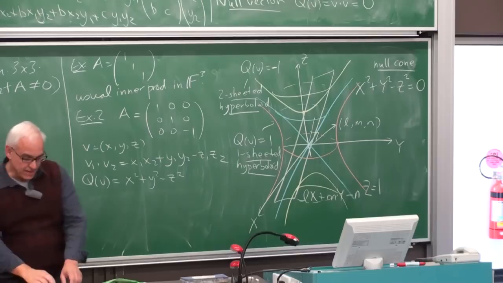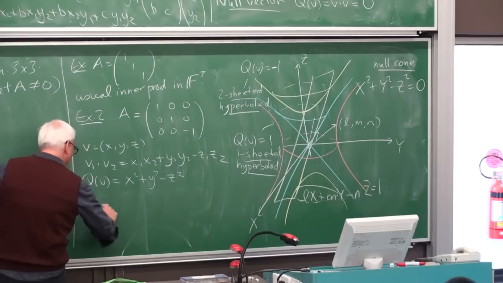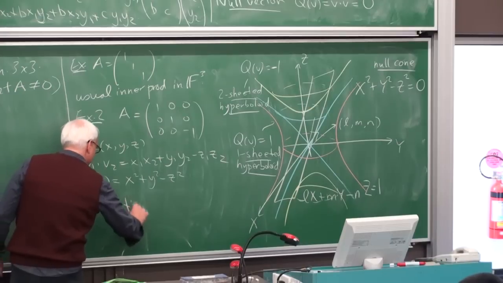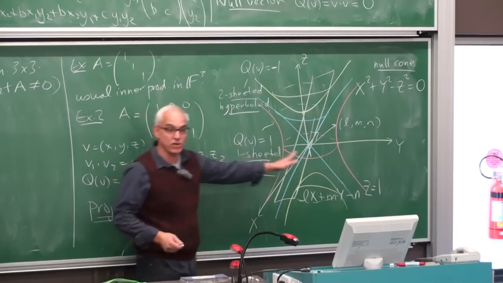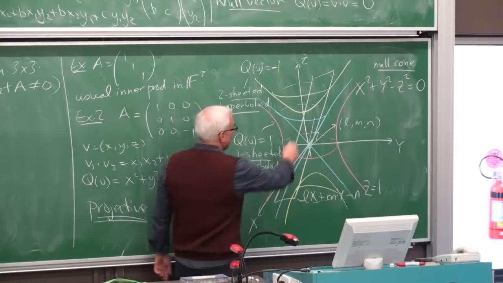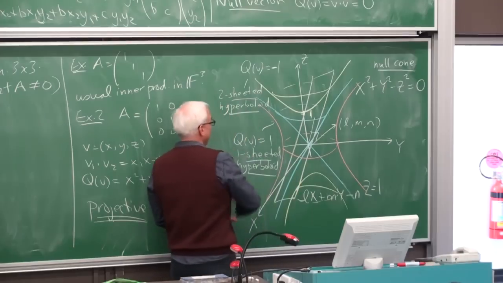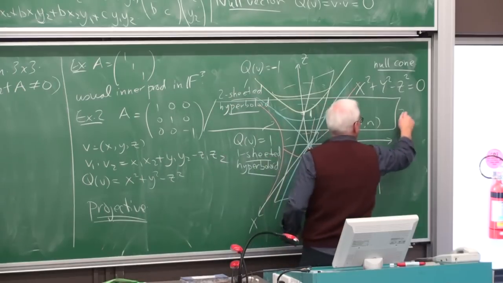Okay, so let's relate this now to the projective version. So how does the projective story sit inside here? Remember that in the projective plane, what we're doing is we're considering lines through the origin. And we're viewing those lines through the origin by looking at the viewing plane z equals 1, which is usually right here.